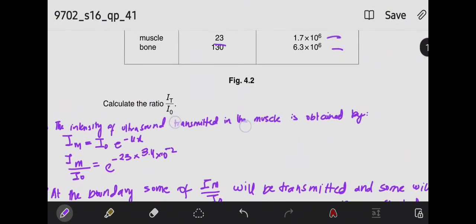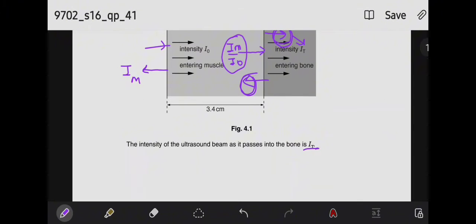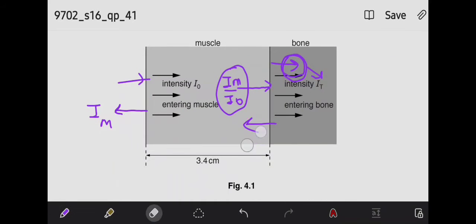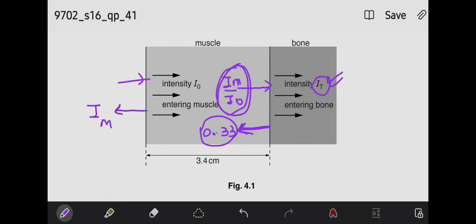Now comes the important part. Do not make the mistake of taking that 0.33 directly. Remember that 0.33 is actually this. It's not I_T, it's the reflected fraction of this. So it's 0.33 here. In order to obtain this, you need to subtract this from 1.